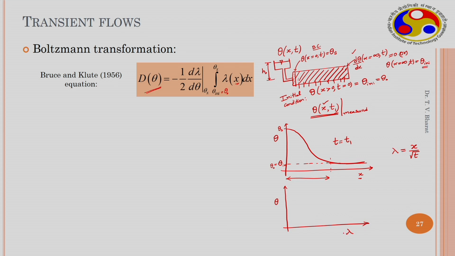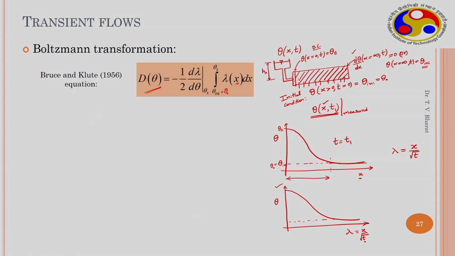Even though the x axis scaling would be different, it will be similar, because it is simply x by square root of t. T remains constant, because at one particular time for different x values you are obtaining, it will be scaled and you will get the same qualitatively similar data. So, this is the data we require for this particular analysis.